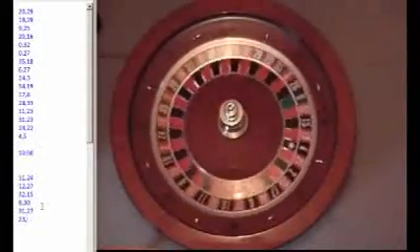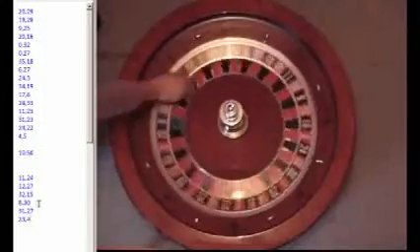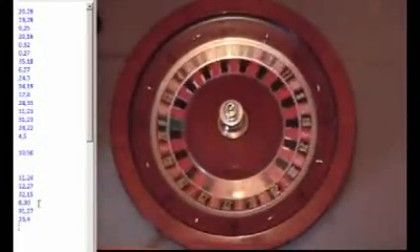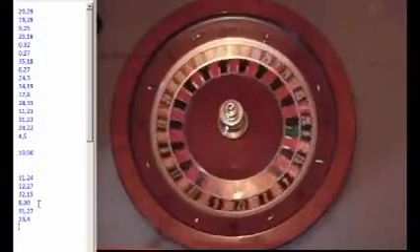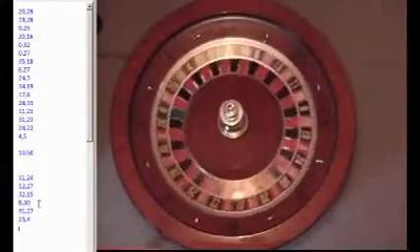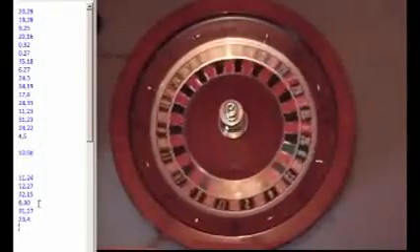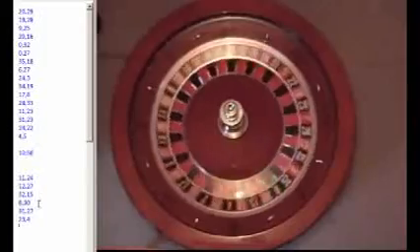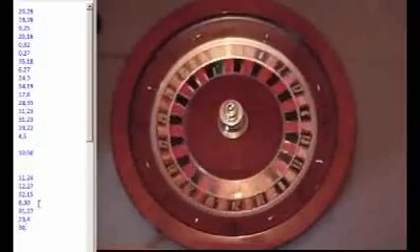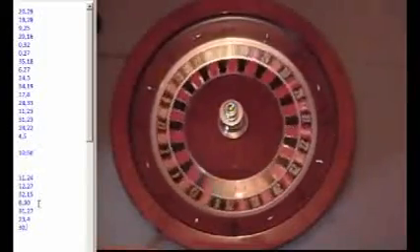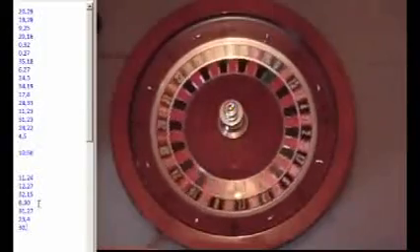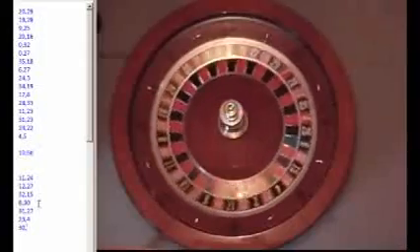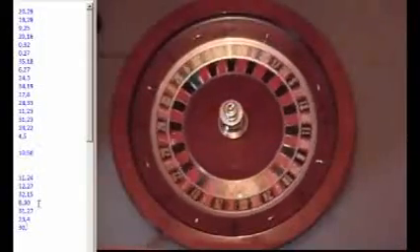I was one revolution too far on that one. 23 and 4. $30. Again too far.